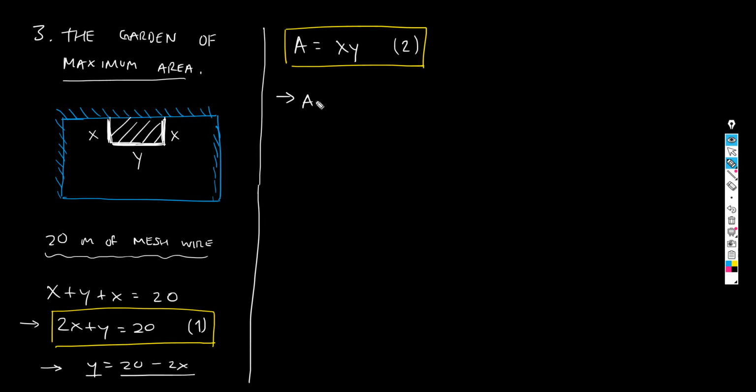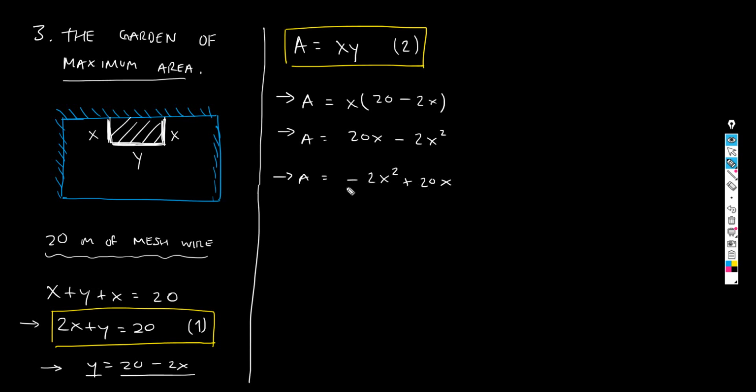I'm going to get that the area is equal to x times y, which is this. And look at what's going to happen. A equals 20x minus 2x squared. And if I arrange these terms, I get minus 2x squared plus 20x. And look at just what happened, guys.